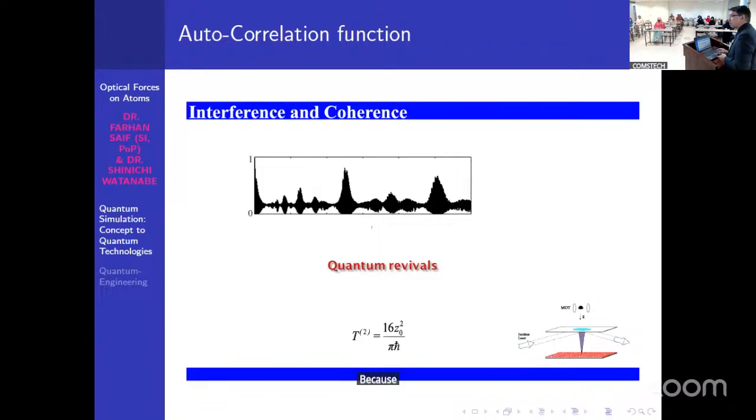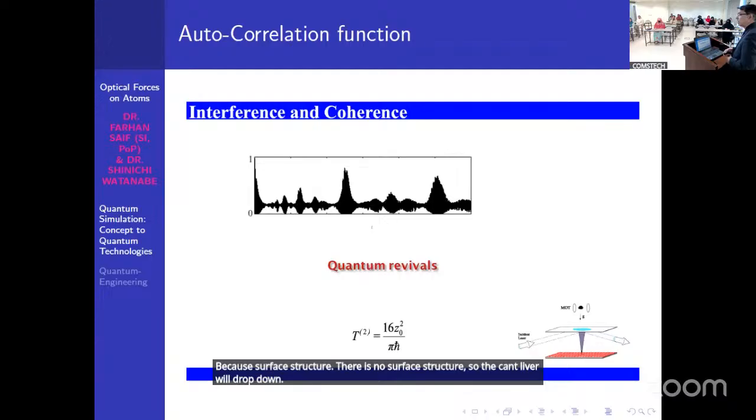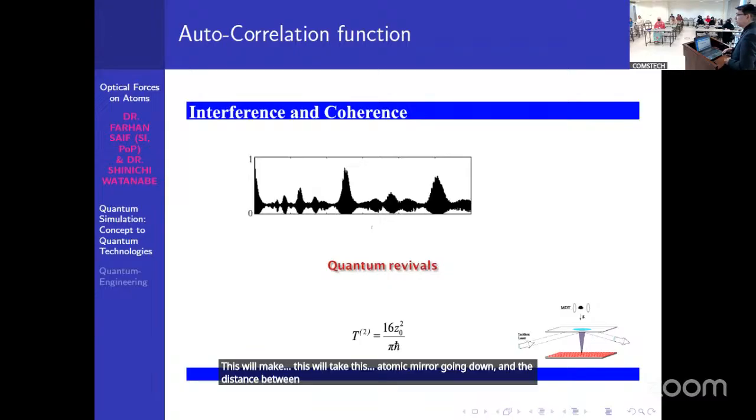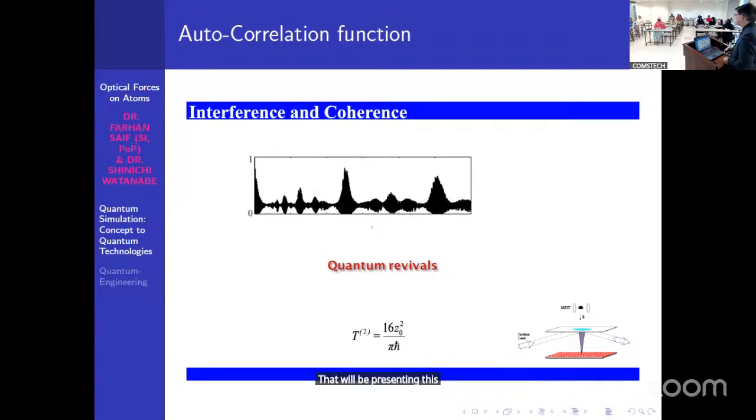If we notice that the cantilever is going down, because there is no surface structure, the cantilever will drop down. This will take the atomic mirror down, and the distance between the atom and the atomic mirror is increasing. That will present this quantum revival at a longer time.